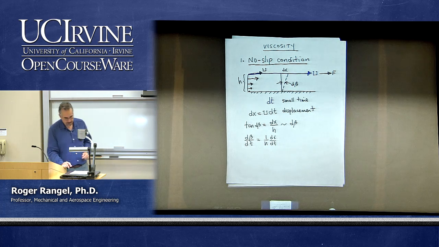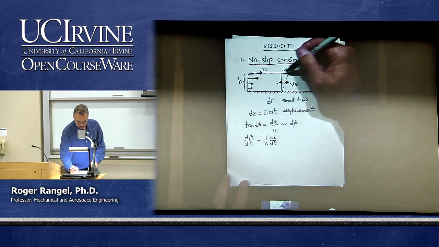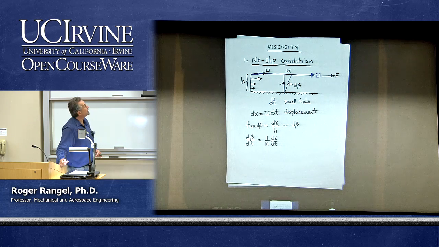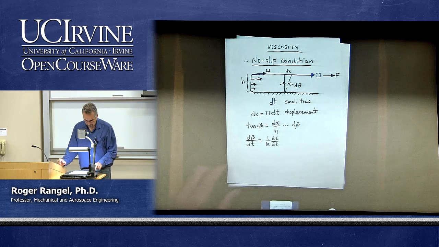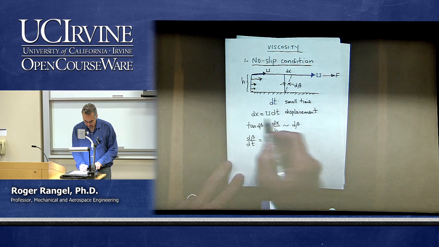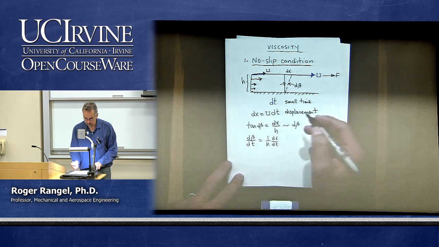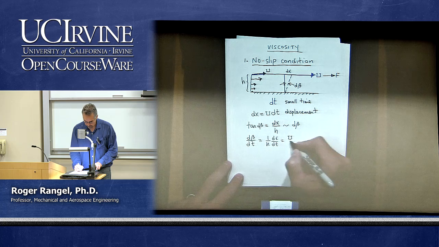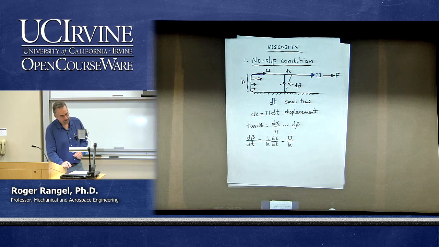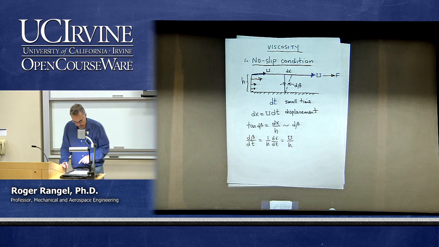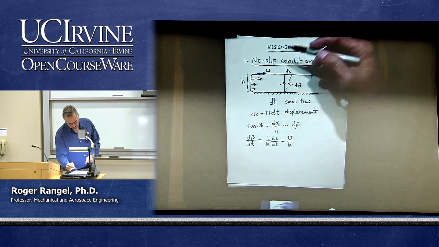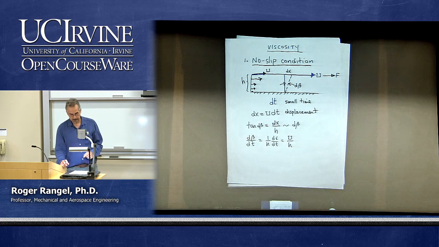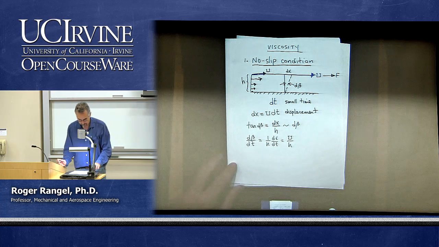And of course, dx/dt, since dx was the displacement of the horizontal plate, we in fact see it right here. dx over dt is just the velocity of the top plate. So this is simply U over h. So the rate at which the angle is changing is simply the ratio of the velocity of the plate to the vertical distance, the vertical gap between the plates.